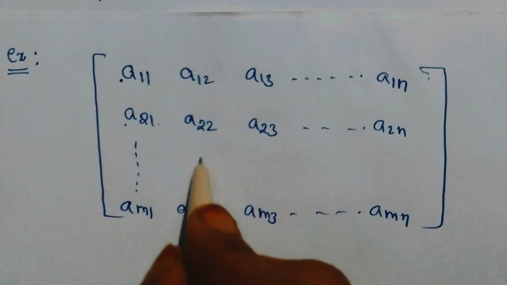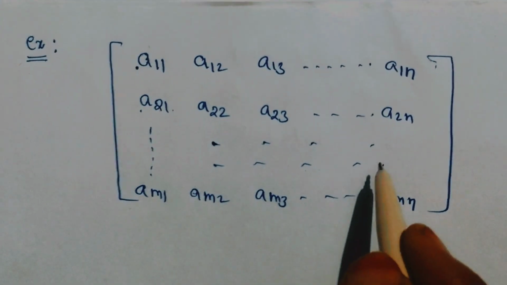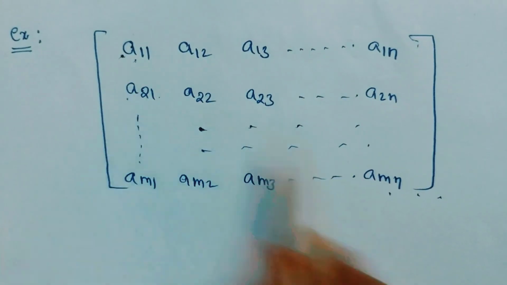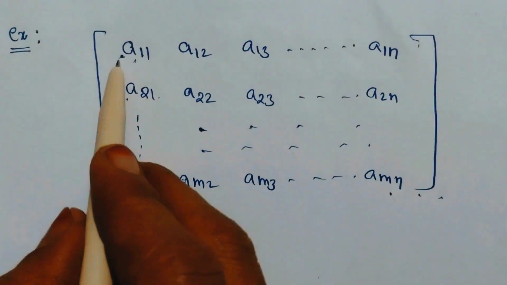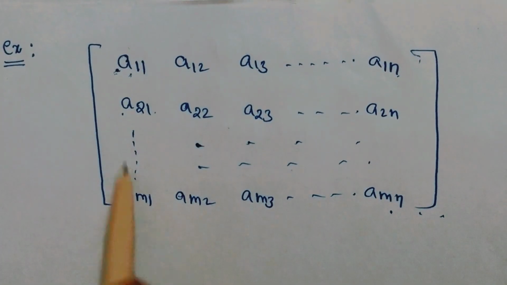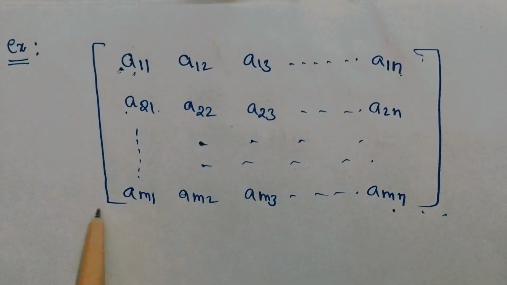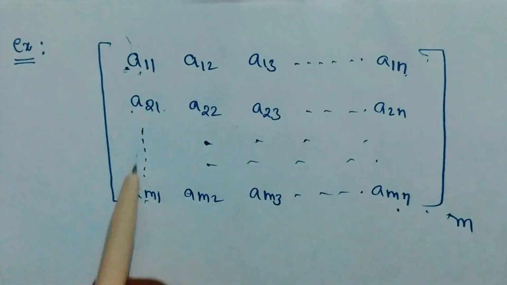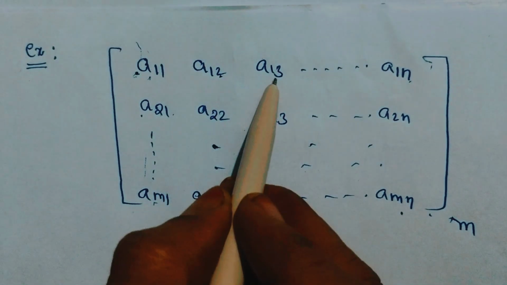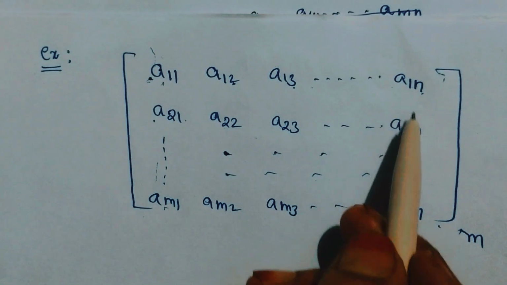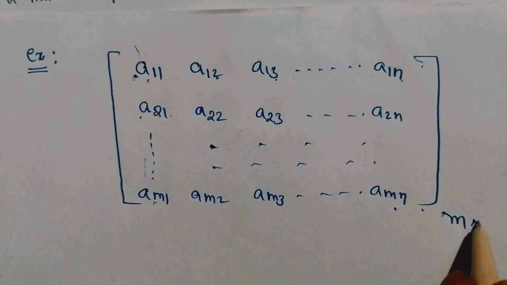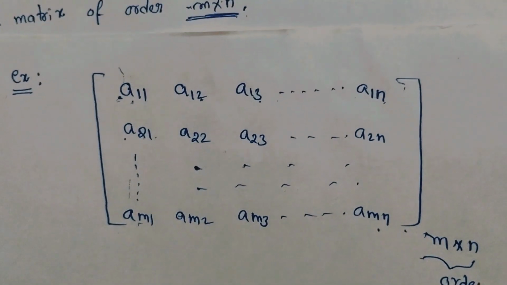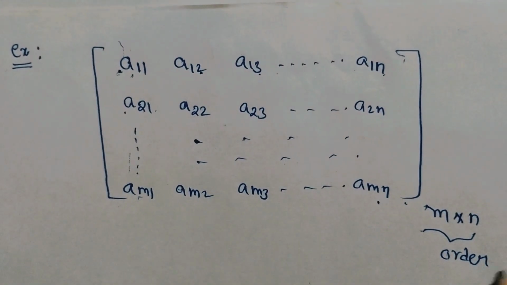So here we have rows and columns, a11 to amn. How many rows? First row, second row, third row, and so on up to the mth row. How many columns? First column, second column, third column, up to the nth column. So we have n columns.